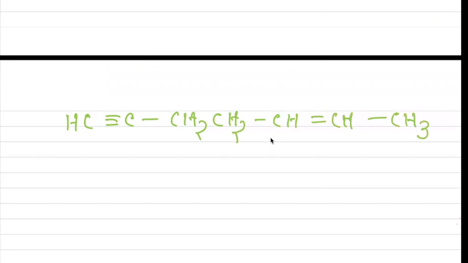So we have to find out the lowest set of locants, so we have to do the numbering. Let's see: 1, 2, 3, 4, 5, 6, 7. Or we can do the numbering from this side also: 1, 2, 3, 4, 5, 6, 7. So tell me which one is correct according to the lowest set of locants. Blue one or yellow one?